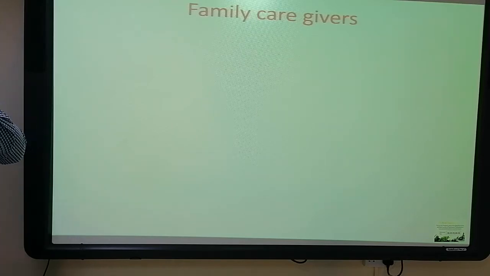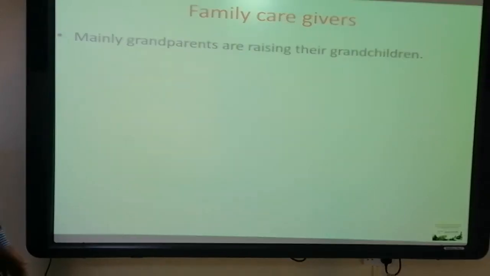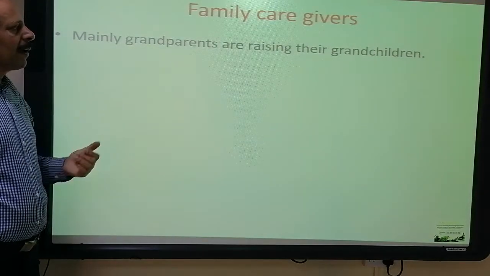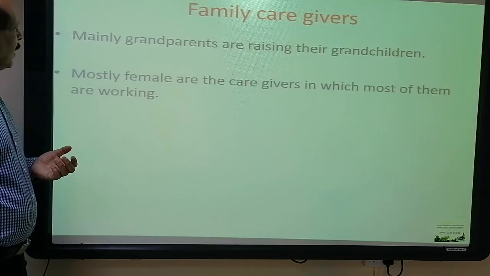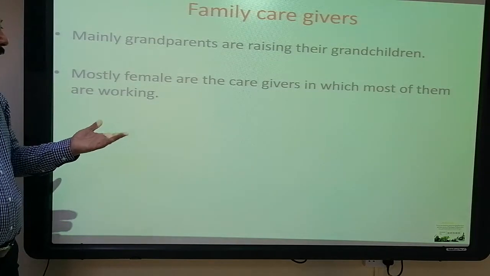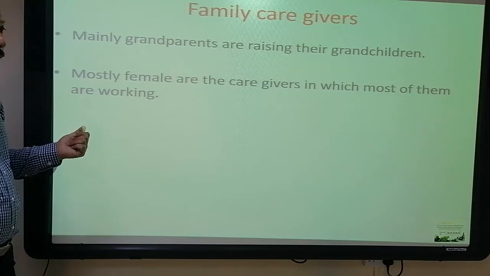The family caregiver: mainly grandparents are raising their grandchildren. Mostly females are the caregivers, and most of them are workers.